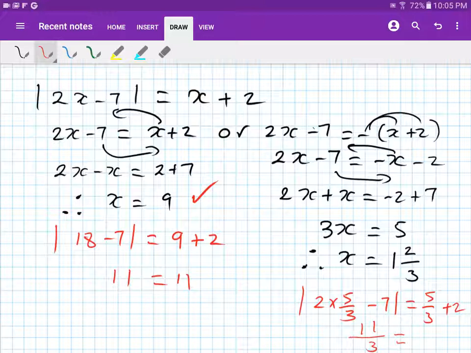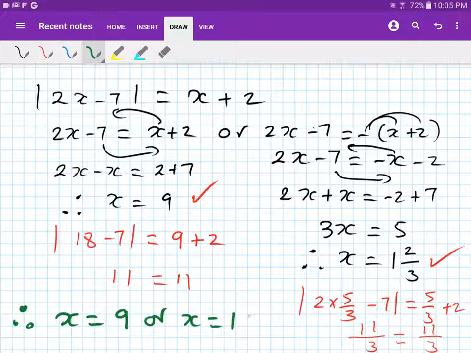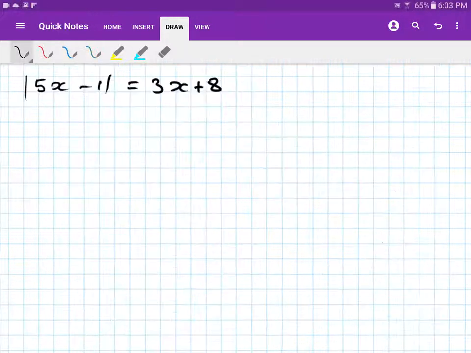Similarly, I do 5 over 3 add 2, so it gives me 11 over 3. So both are correct in this case. Therefore, my answer is x is equal to 9, or x is equal to 1 and 2 thirds.